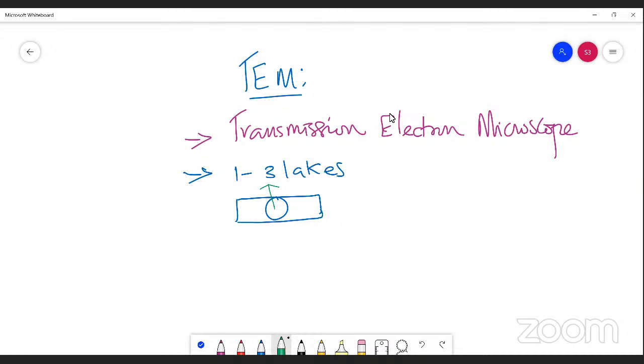Okay, and its resolving power value is 2 to 10 angstrom.